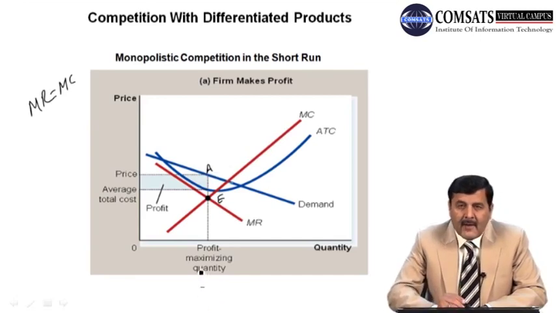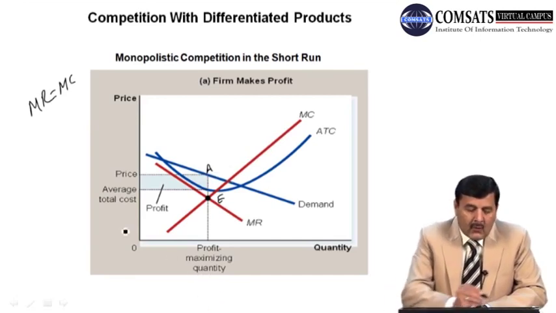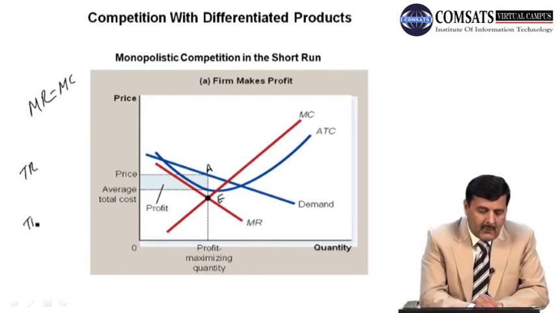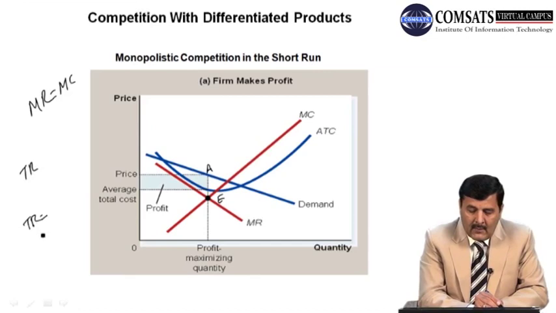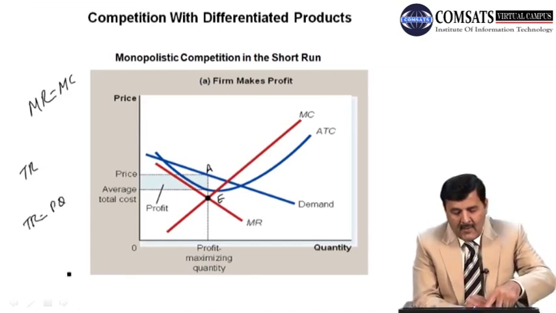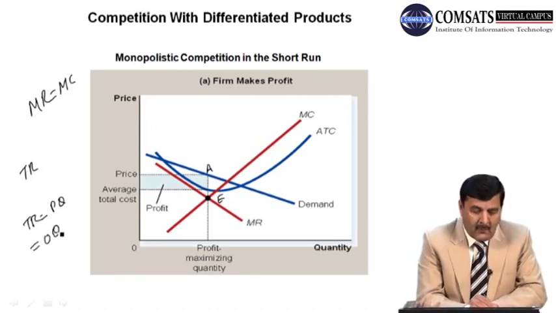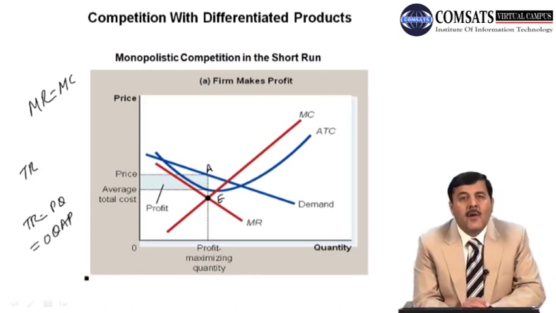So if we go up to the demand curve, this intersects the demand curve at point A, right? So the total revenue of the firm, as we know, is price into quantity, so price is OP, quantity is OQ, so OQAP is the total revenue of the firm.